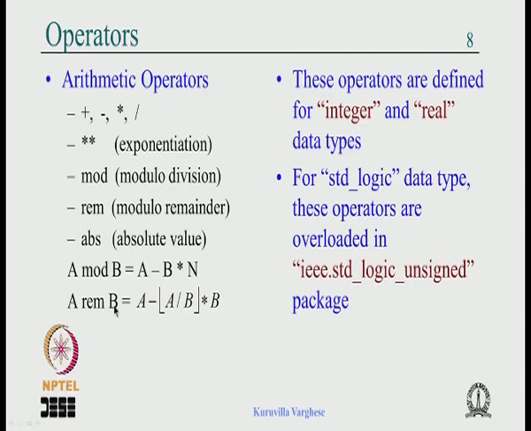That is why the rem operator is given, which is equivalent to the computer science definition of mod. A rem b is nothing but a minus the floor of a by b into b.